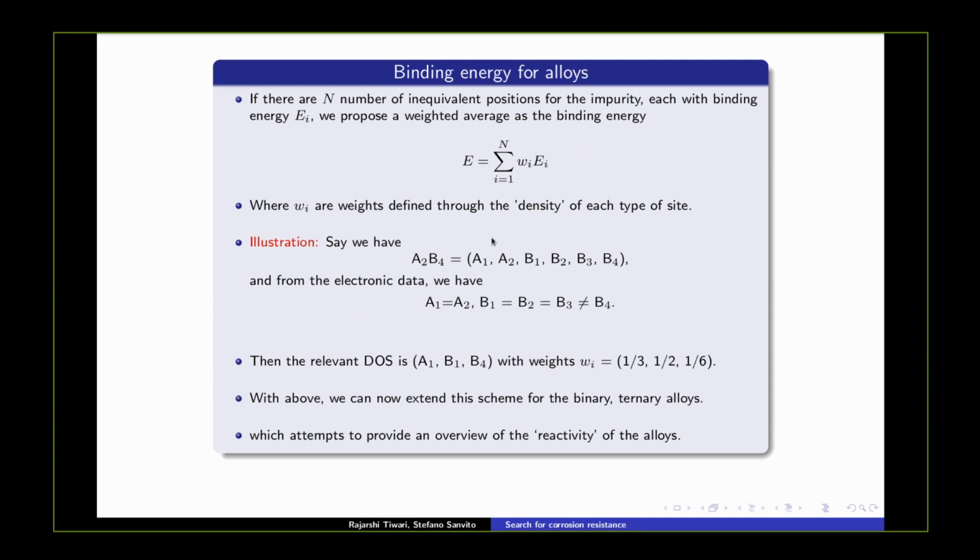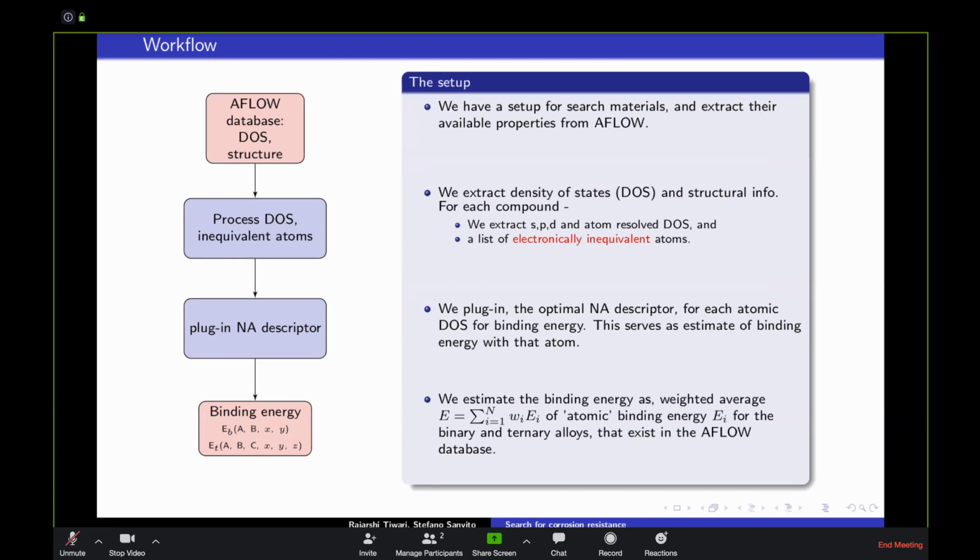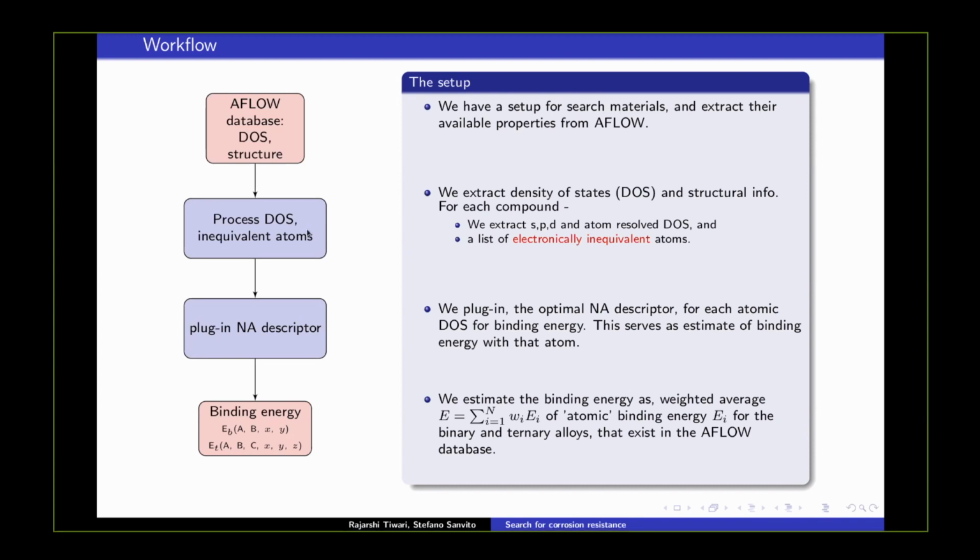This scheme we can easily extend to binary, ternary, etc. And with this, we attempt to provide an overview of the reactivity of these alloys. So here is a workflow where we get the data from AFLOW, process the density of states, inequivalent atoms, anything else that we want, and that information is plugged into the NA descriptor, basically a model for binding energy, and that gives us a binding energy E_B for A_xB_y, as you recall.